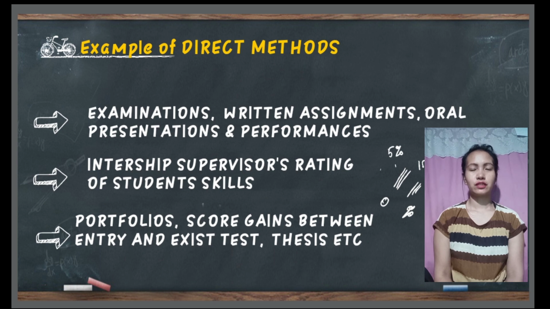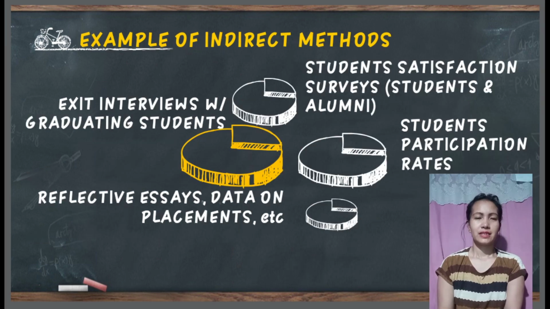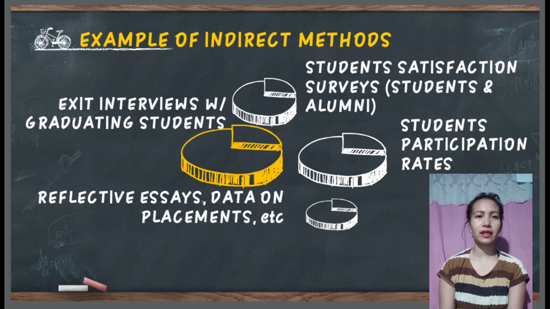Examples of direct methods. So, pag sinabing direct methods, ito yung looking at actual samples of student work produced in a course. So, ang mga examples niyan ay yung examinations, mga written assignments, oral presentations and performances, portfolios, score gains between entry and exit test, tapos may thesis and dissertation, and etc. Sa indirect methods naman po, ito po yung nagre-require that faculty infer actual student abilities, knowledge, and values.